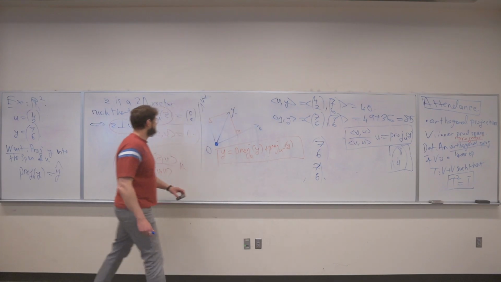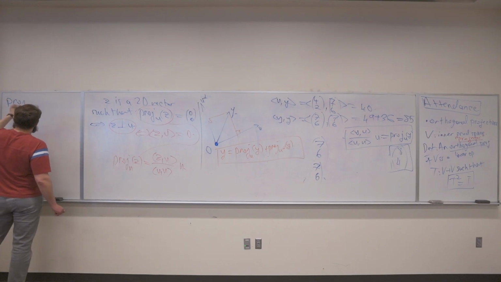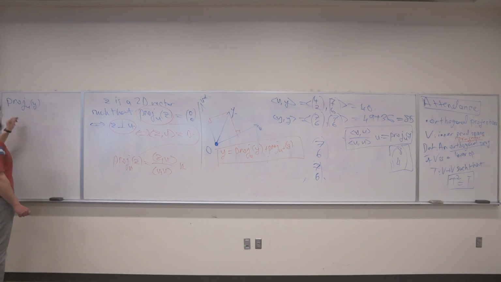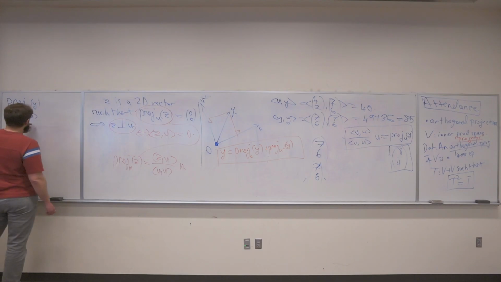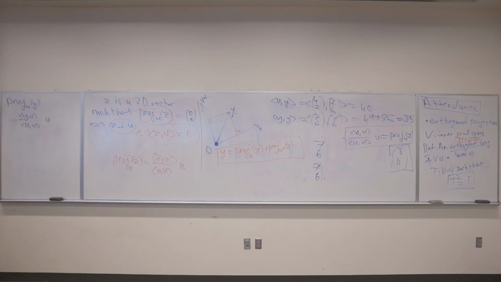I think I'll erase this. This is by definition y against u divided by u against u times u. Set this number in the denominator aside.